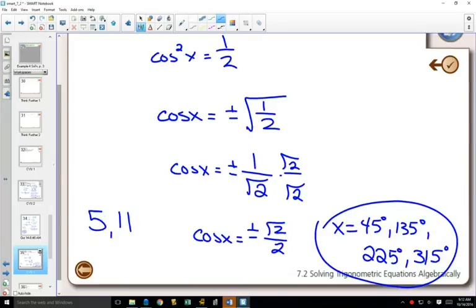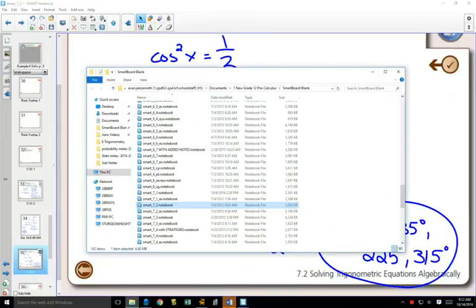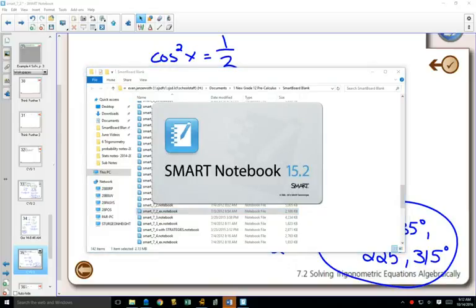Now I'm going to get you to do 5 and 11, but I want you to turn to question 5. And we're going to change the wording of the question.